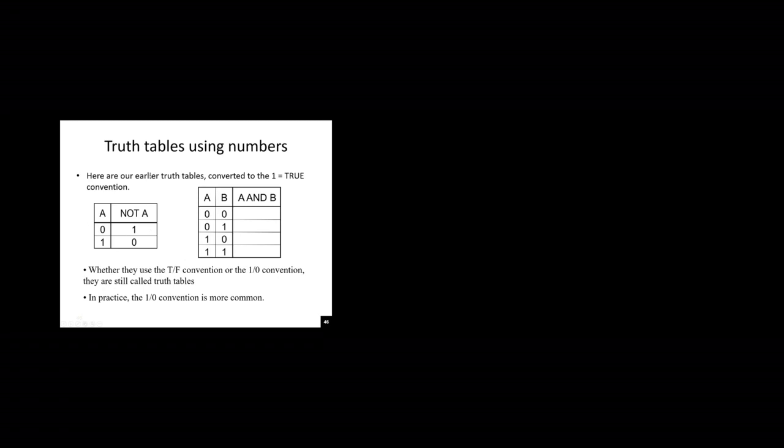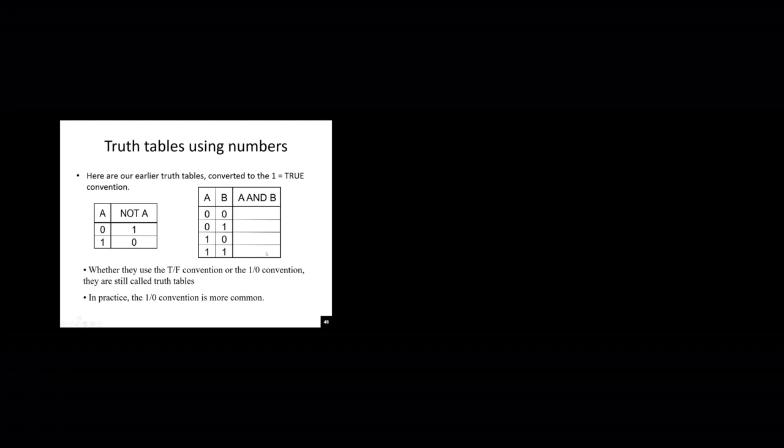So instead of writing down the word false every time, we'll just write down 0, and instead of writing down the word true every time, we'll just write down 1. So that now we can write down our truth tables that we saw before using zeros and ones instead of T's and F's.